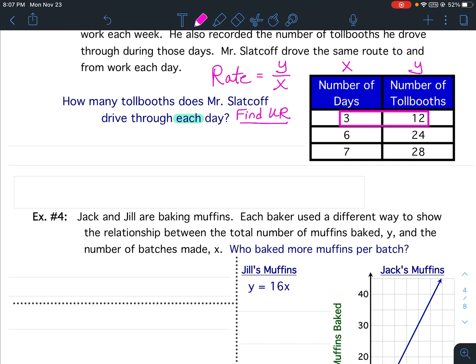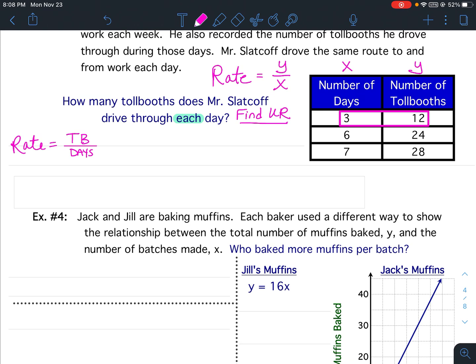In other words, your rate is going to be toll booths over days.